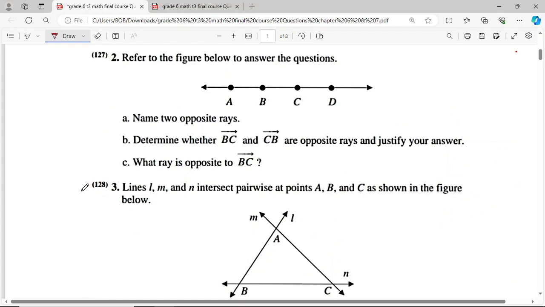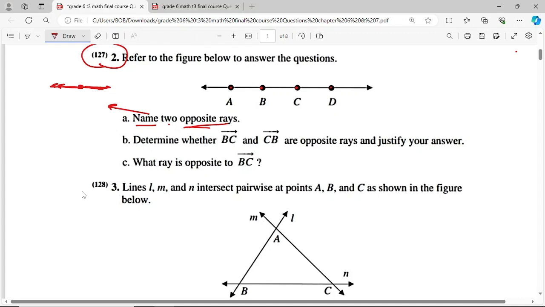Now, question number 2. Refer to the figure below to answer the questions. This is a line, and in this line we have 4 points, A, B, C, D. Here it is saying name 2 opposite rays. 2 opposite rays means they have the same endpoint but go in opposite directions.